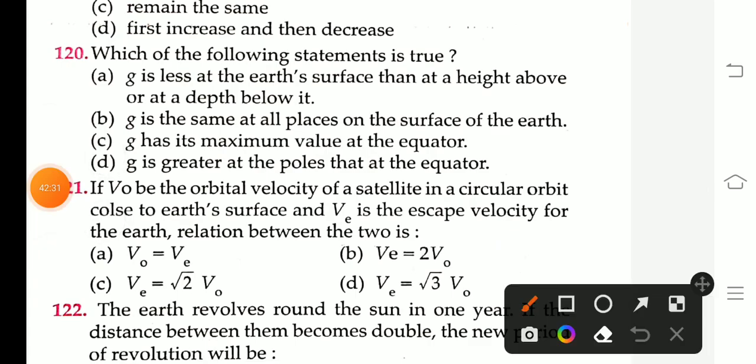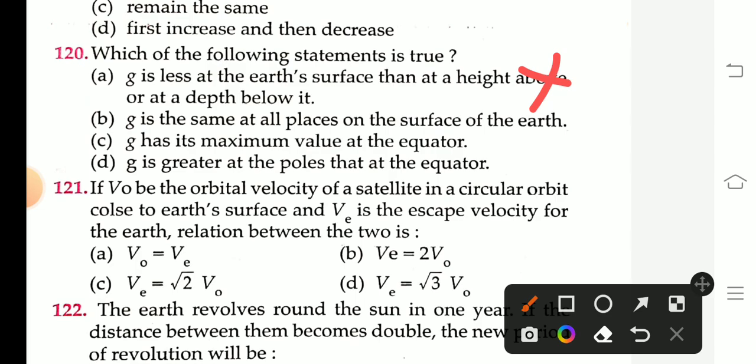Which of the following statements is true? G is less at the Earth's surface than at a height above or at a depth below it. Wrong.